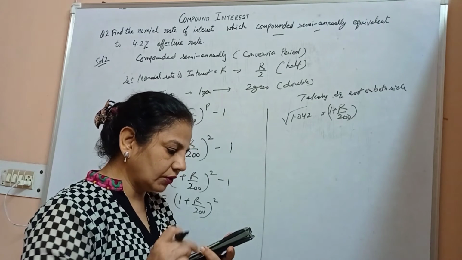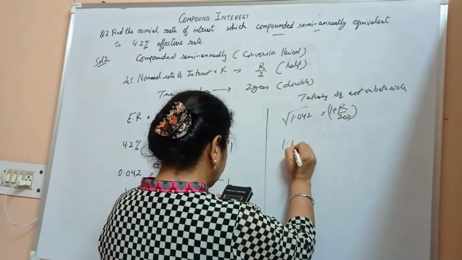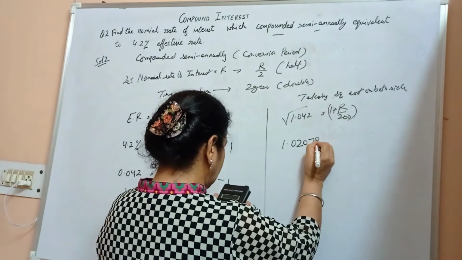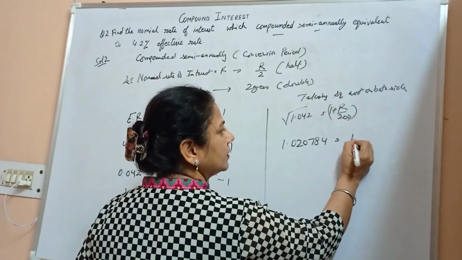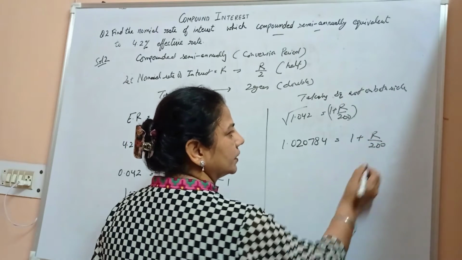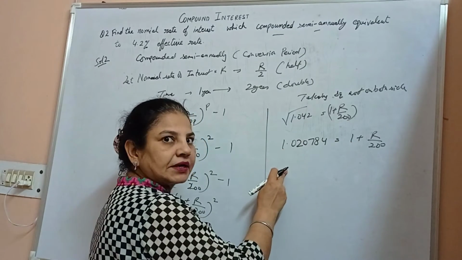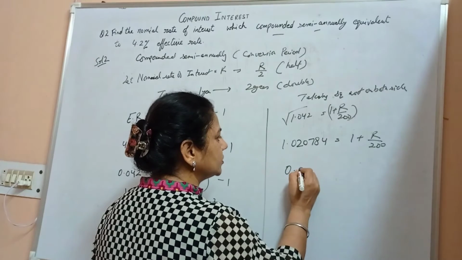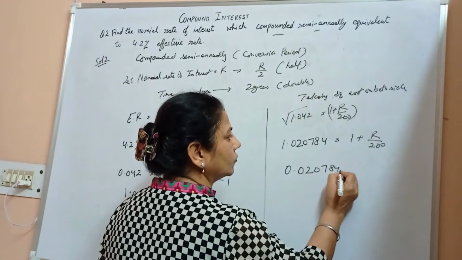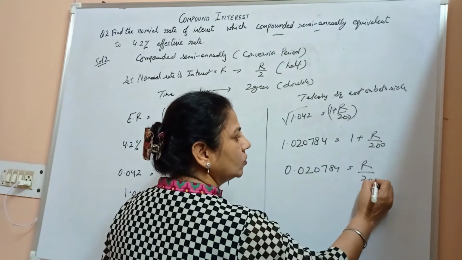Square root of 1.042 is 1.020784, equal to 1 plus R upon 200. Now this 1 is subtracted from there, and I will get 0.020784 is equal to R upon 200.